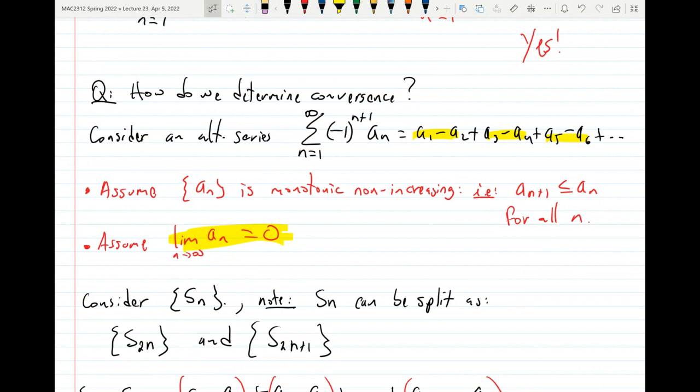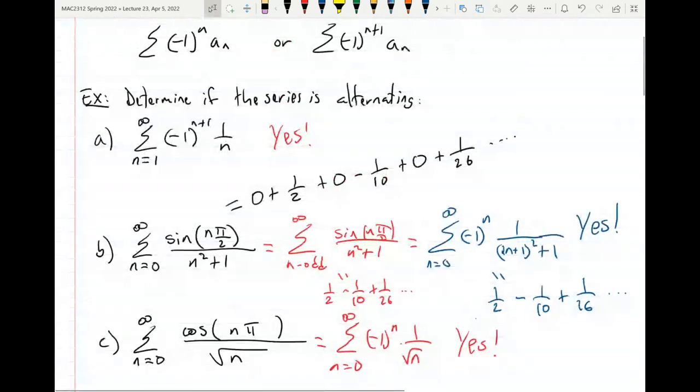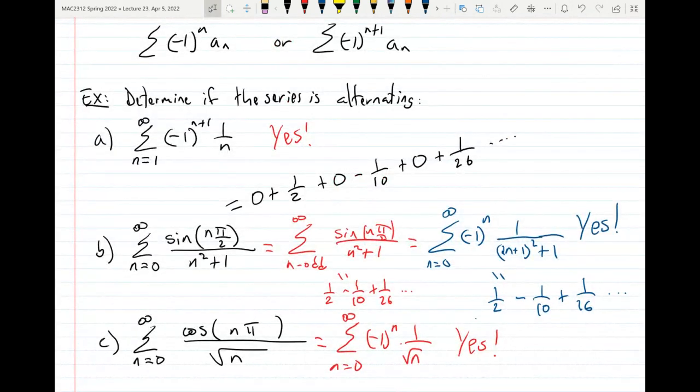For example, in all of these, as this converges, well, this is my A_n, 1 over n, the limit is 0, and it's decreasing, so it converges by the alternating series test. This one right here, the hard part is that you need to understand that this is the same as this. But once you understand that, then alternating, good, you look at this expression, the limit is 0, and this is certainly decreasing, so it converges.